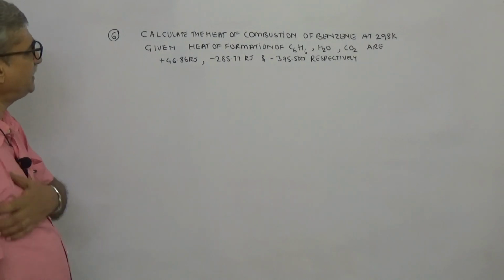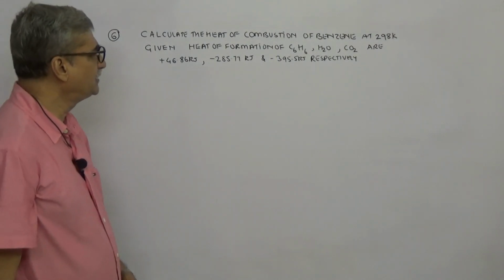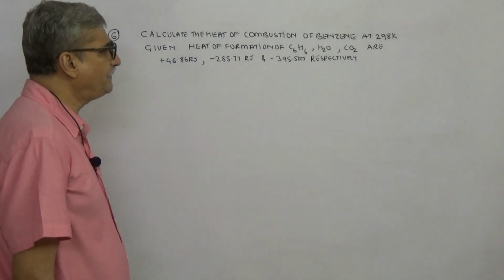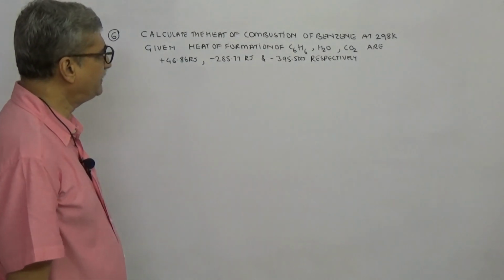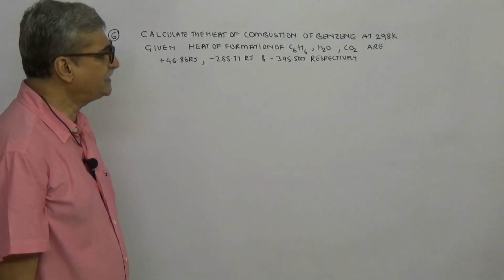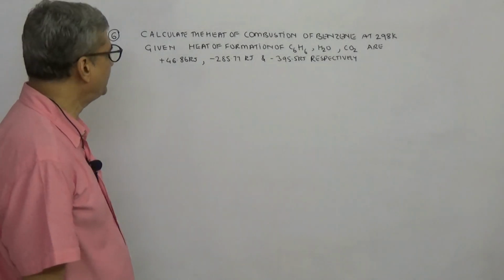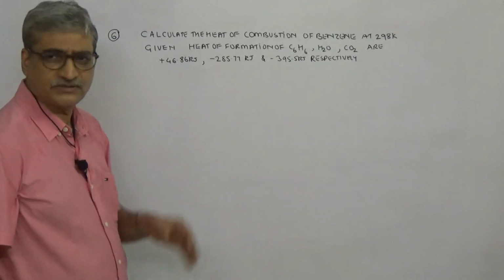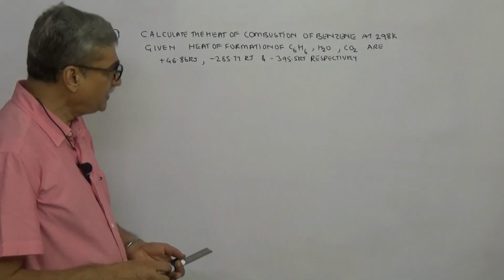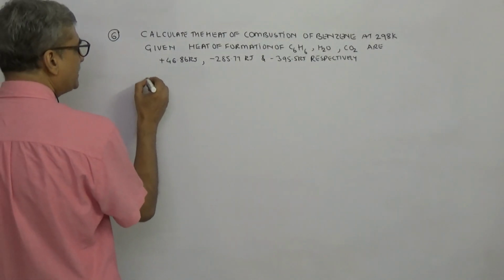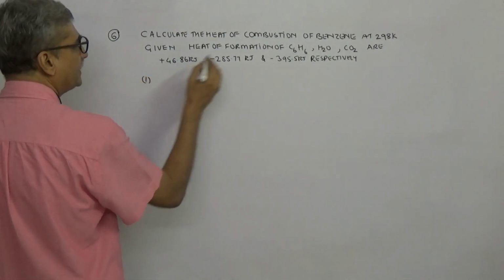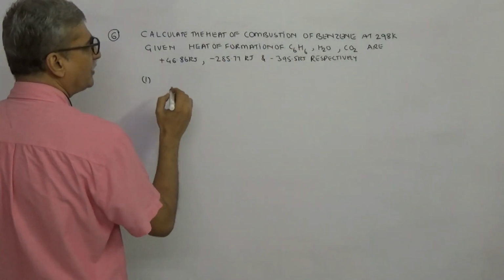So what is this numerical about? Calculate the heat of combustion of benzene at 298 Kelvin given the heat of formation of benzene liquid, water liquid, carbon dioxide gas are these values respectively. So what do we have? What is given? One, heat of formation of benzene.